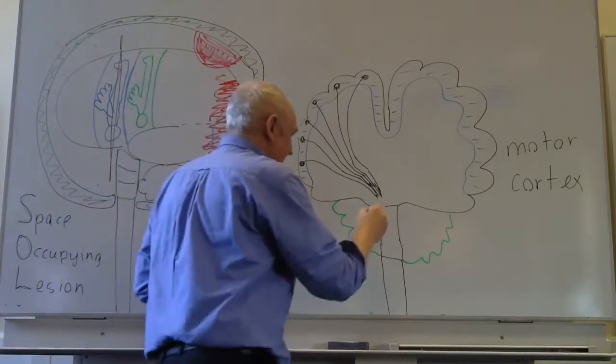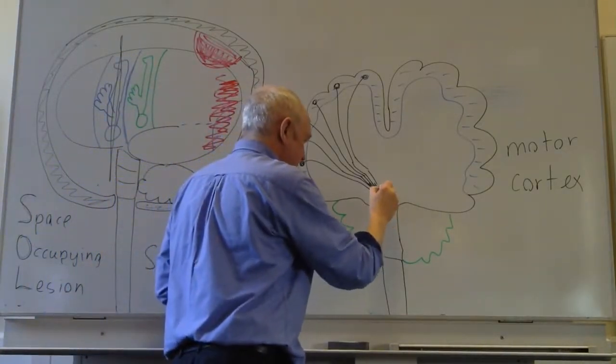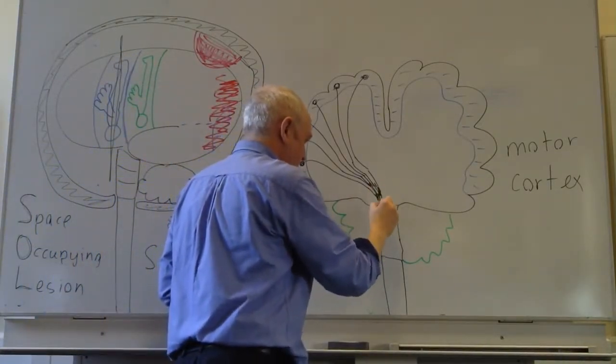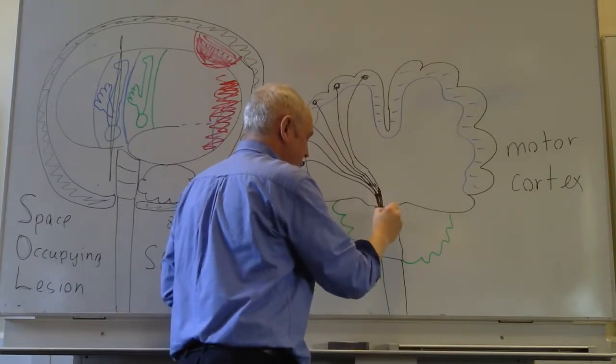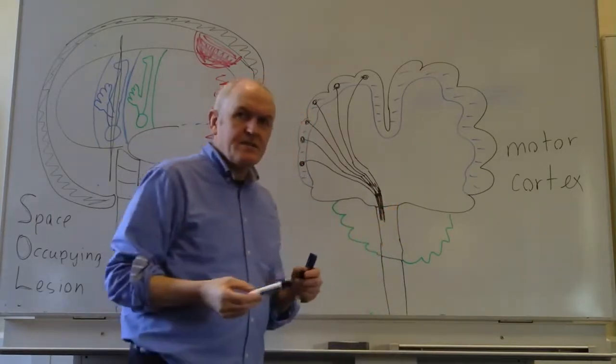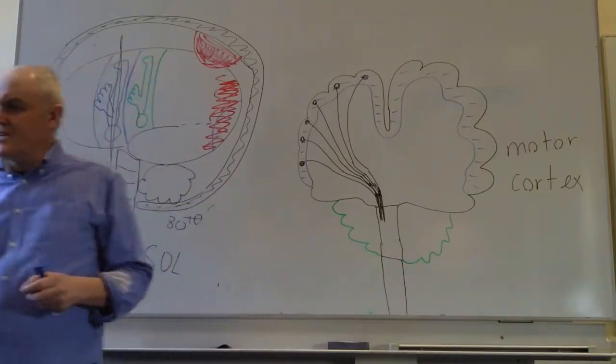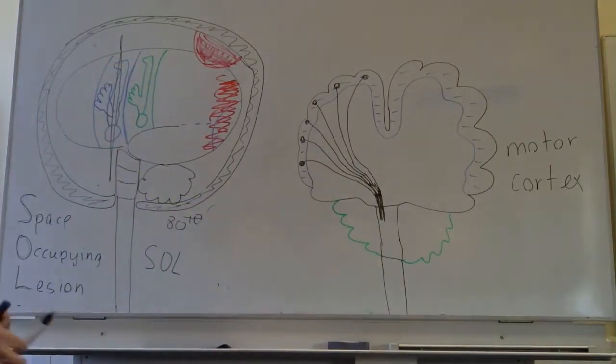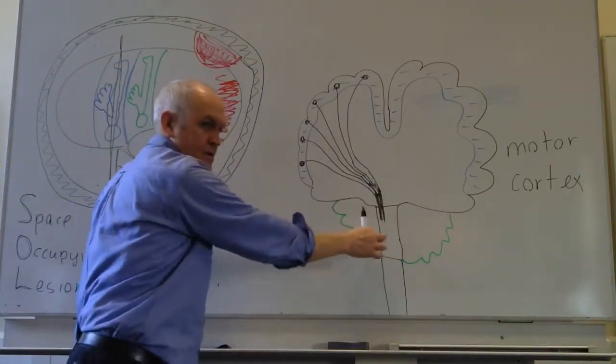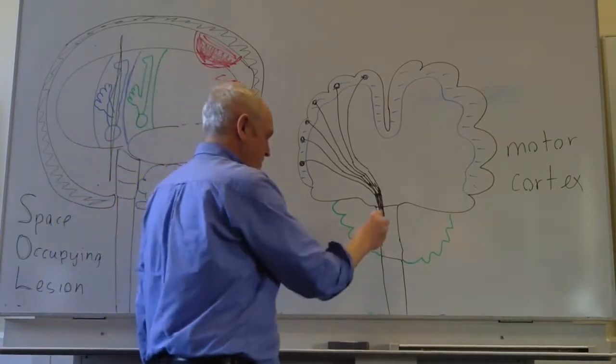And then that goes down in a big bundle of nerve fibres. The bundle of nerve fibres doesn't actually go through the brainstem, it goes down on top of the brainstem.